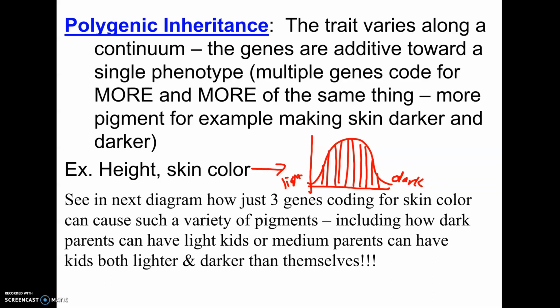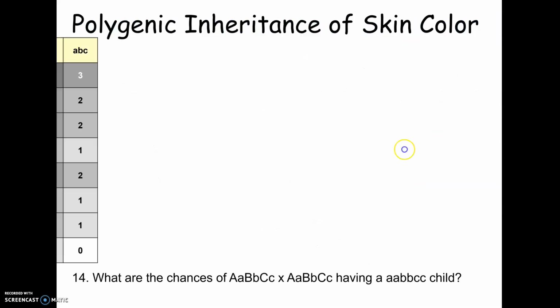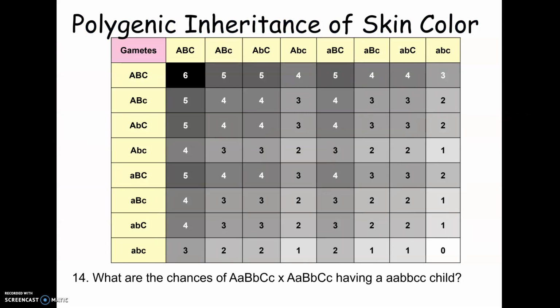Now, what makes this different from epistasis that I just showed you? The difference is that in polygenic inheritance, this is for the color of skin, it's just the number of capital letters you have. We did this in the baby lab. You flipped and then you counted how many capital letters. The more capital letters, the darker you are. If you have all capital letters, your skin would be very, very dark.